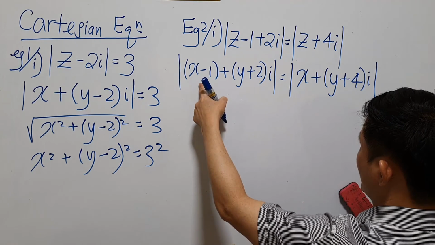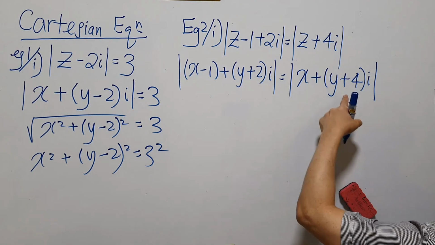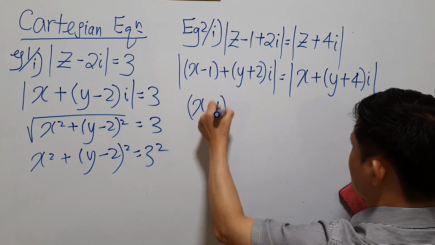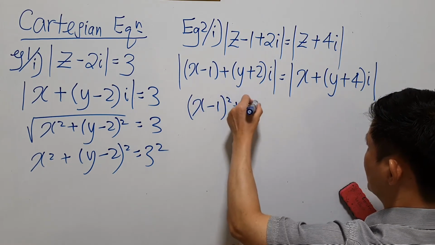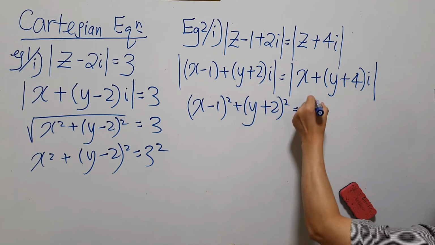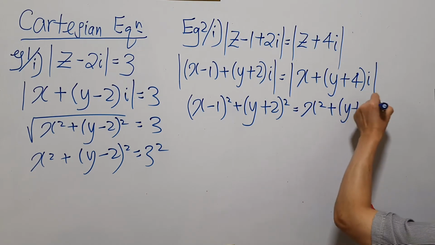Square root of this plus square of this, square of this plus square of this. But I'm going to square both sides right away. So I'm going to write this as x minus 1 square equals to x squared plus y plus 4 squared.